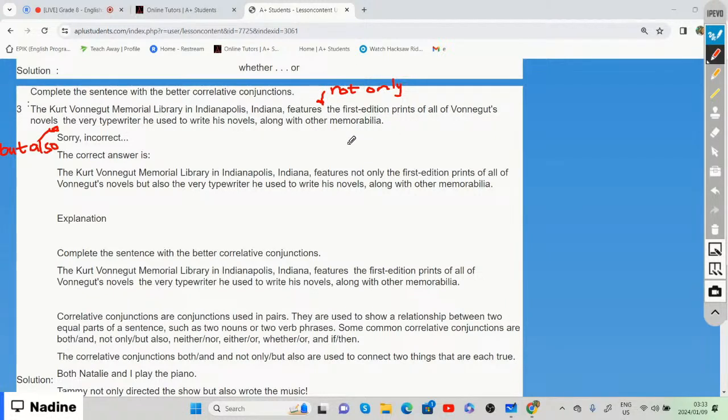So there we use the correlative, which is not only, but also.